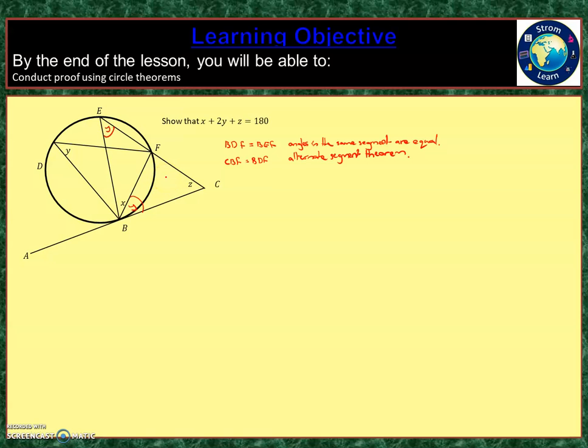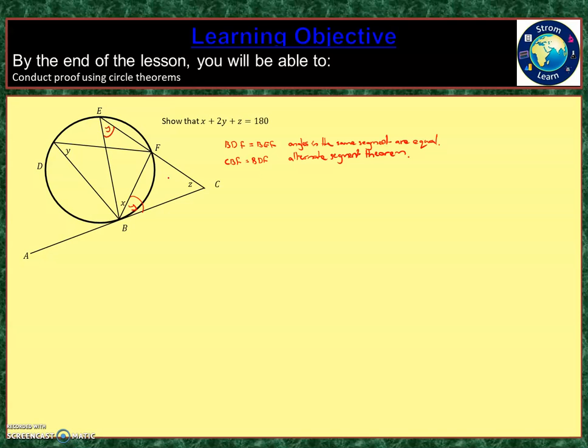So can I get anything with that angle there? Just thinking, because I've then got y and z that are both in that triangle. Now x is in a triangle with E and F and B. But I don't think I can use the alternate segment theorem because I haven't got any tangent at F. It's not a tangent that's there.